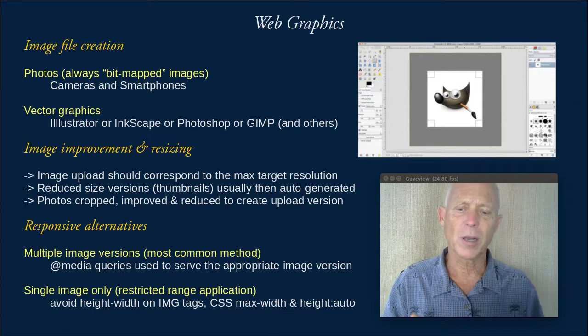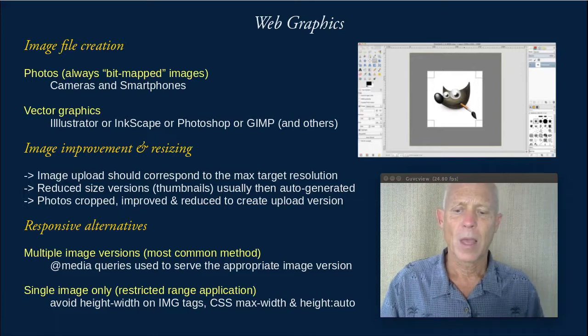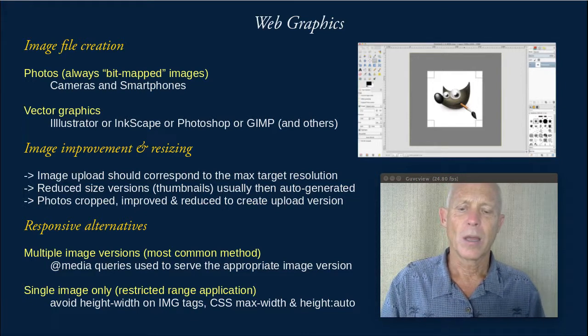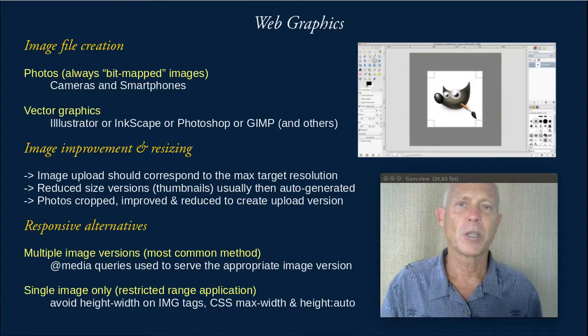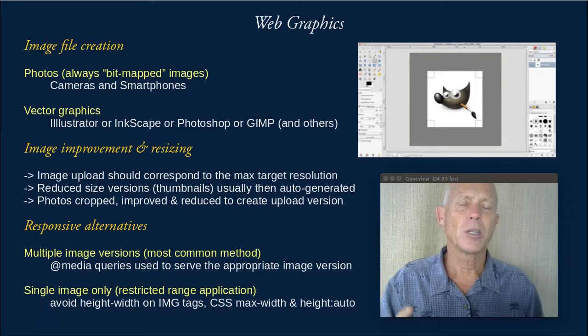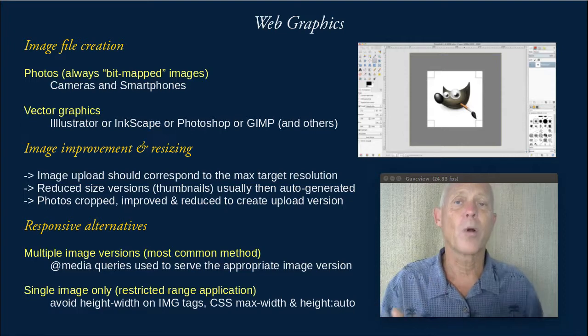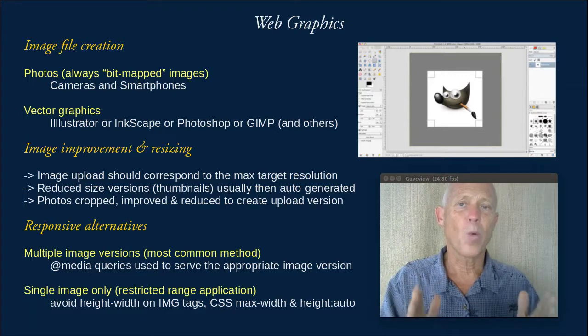Responsive alternatives: multiple image versions is the most common, and single image only is a restricted range application. So multiple image versions means you upload a featured image for a new article or post in WordPress to your website, and you know that the maximum display width for those featured images on your post is 800 pixels.